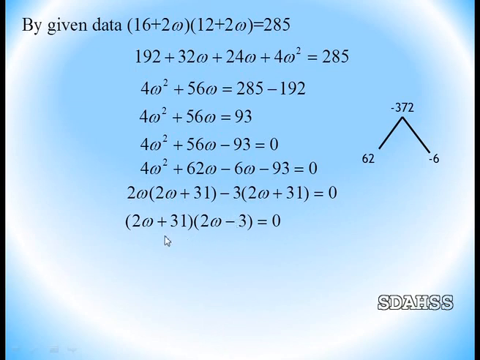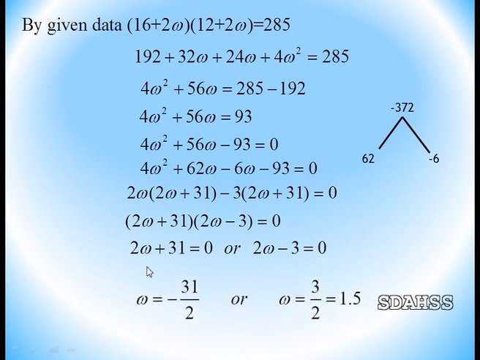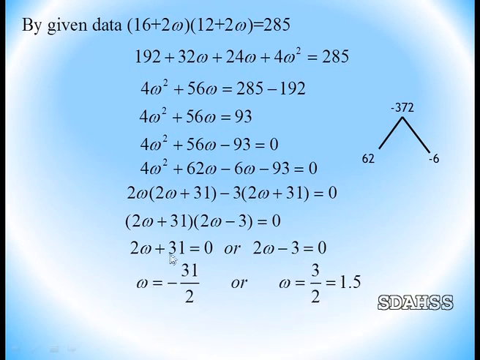Now the first factor 2W + 31 = 0, or the second factor 2W − 3 = 0. Here we can write W = −31/2, or W = 3/2. 3/2 can be written as 1.5.